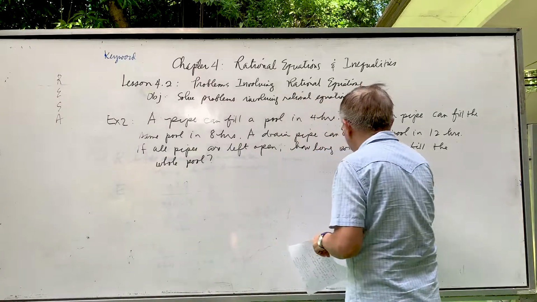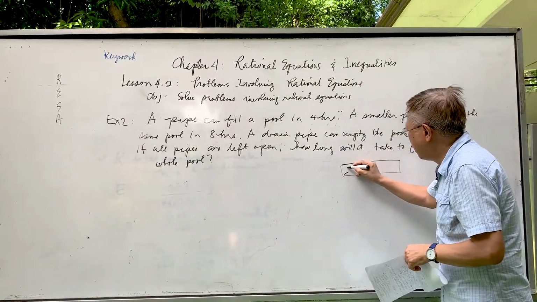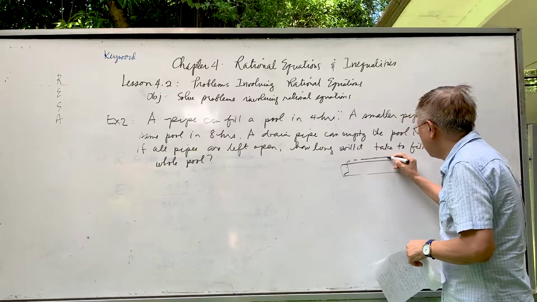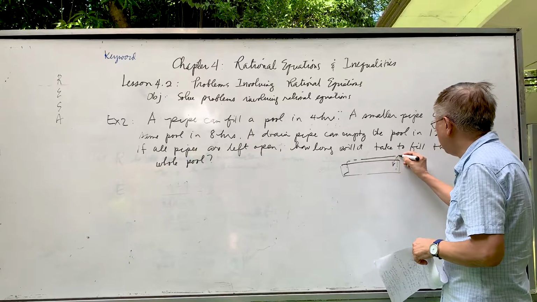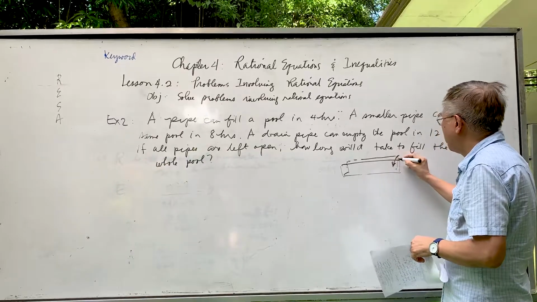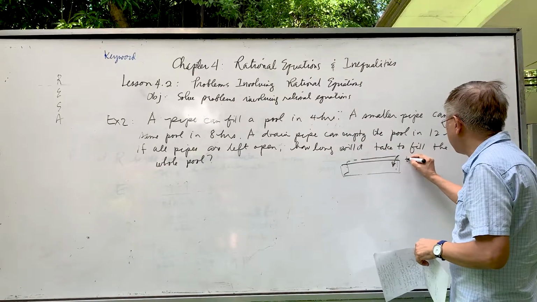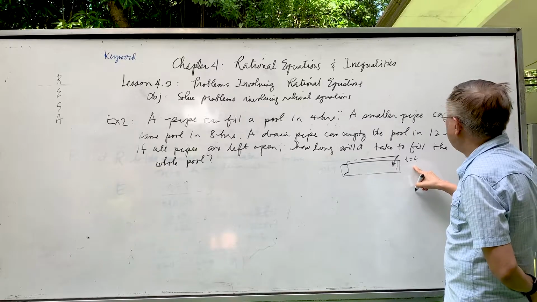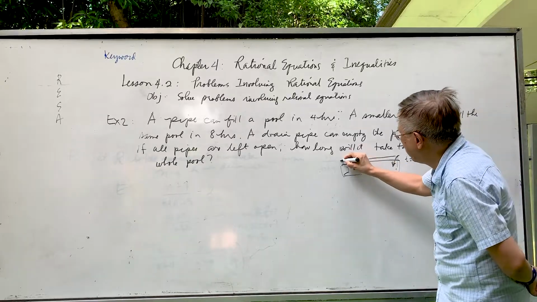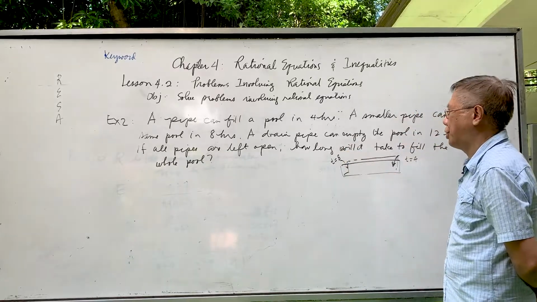So, for example, we have this swimming pool here. There are 2 inlet pipes. Okay? This first inlet pipe can fill the pool in 4 hours. So the time it takes the first pipe to fill it is 4 hours, and a smaller pipe fills it in 8 hours.